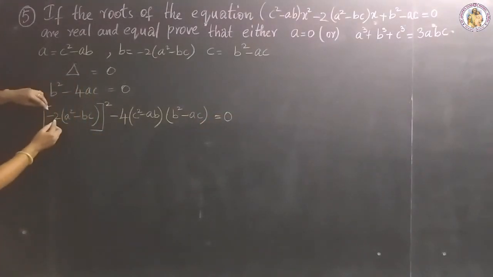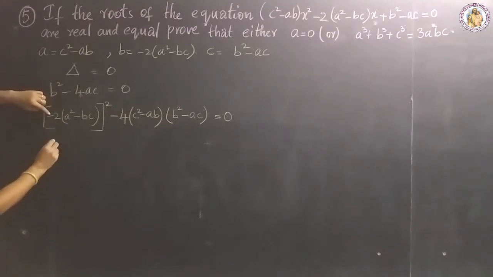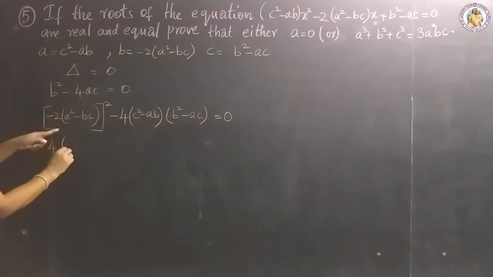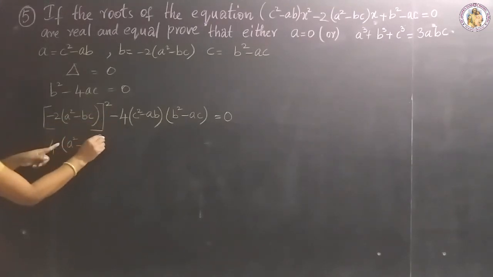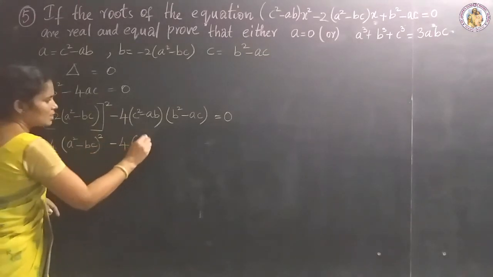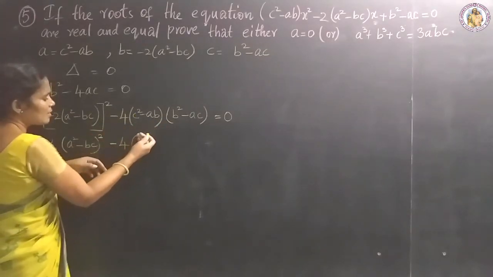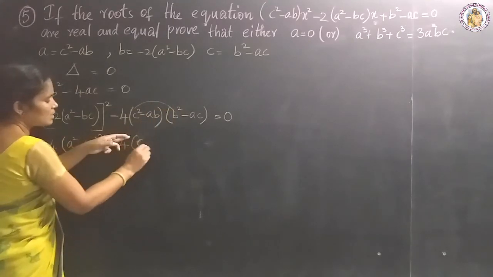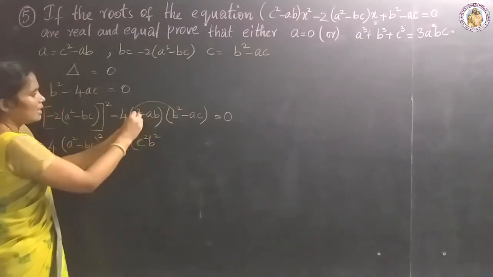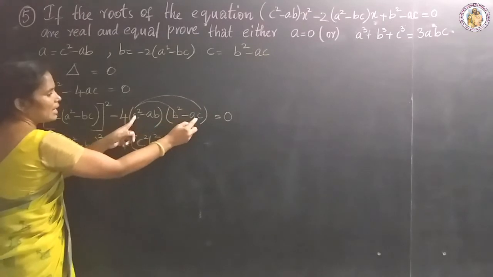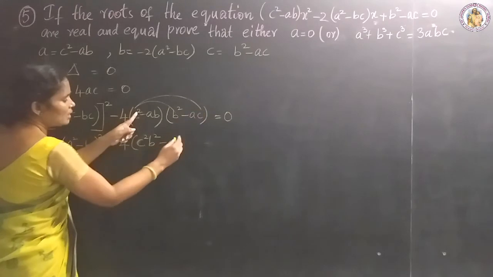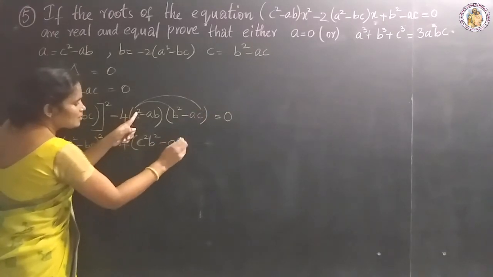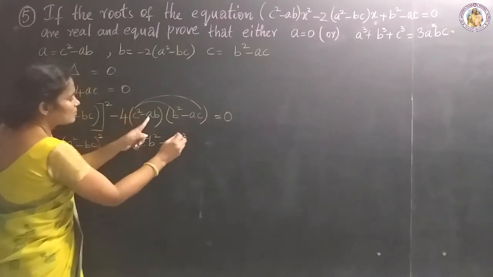And in the next step, minus 2 square, so minus 2 into minus 2 is 4.